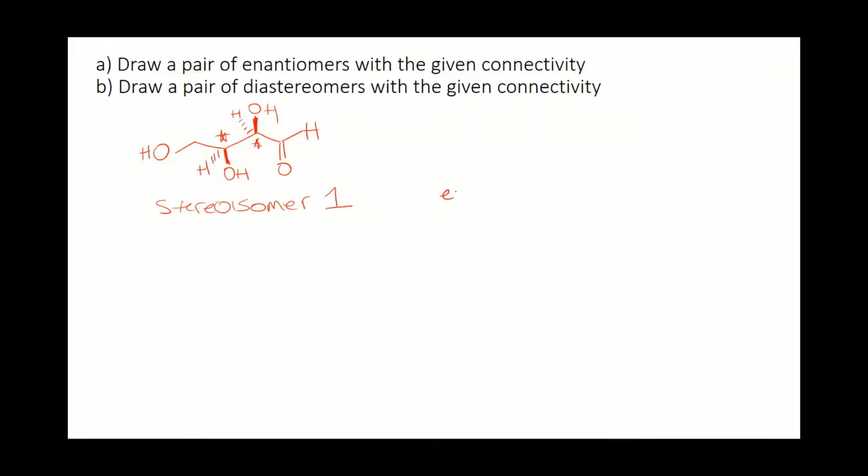So if I want to draw the enantiomer, there are two ways in which I see students go about this. The first way to do it is just to invert every chiral carbon without trying to rotate the molecule.